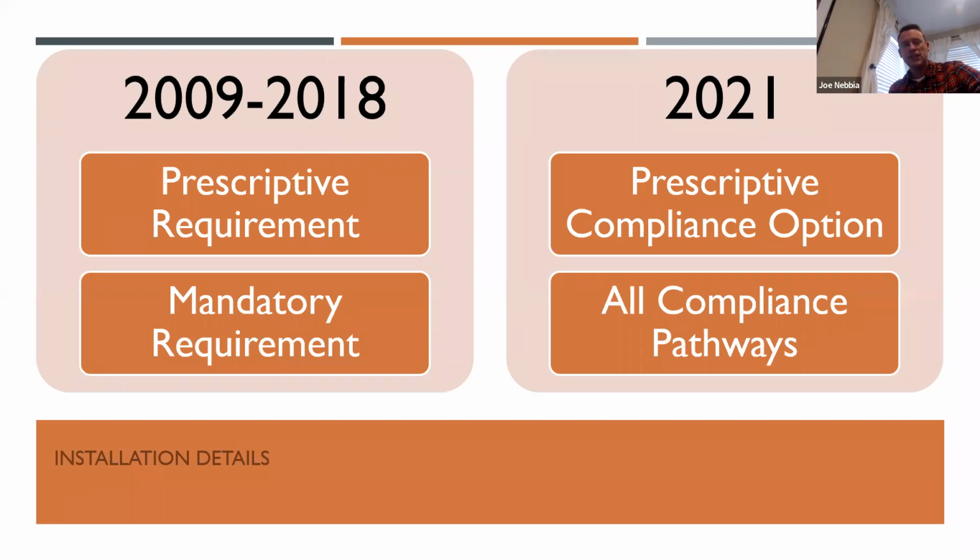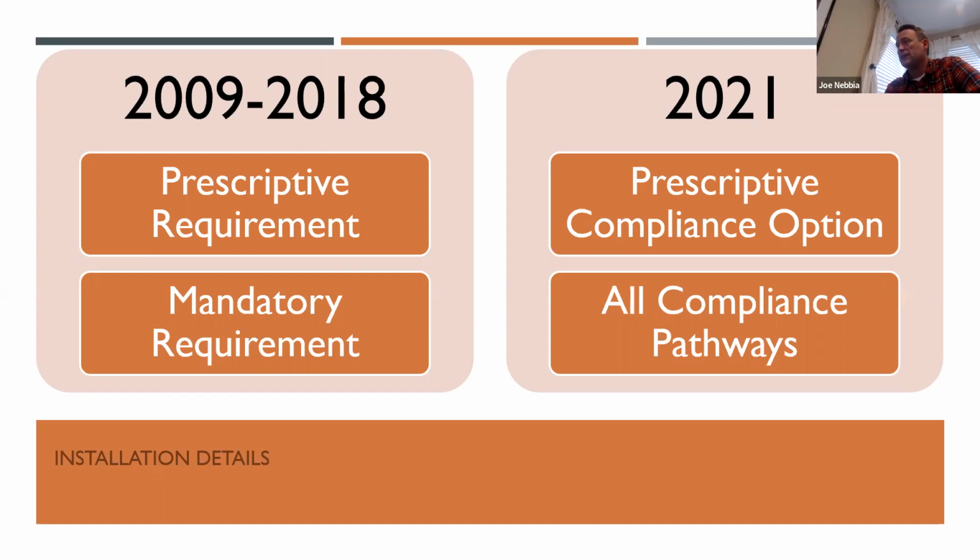So if something was prescriptive, that meant that this was how you install it unless you're doing one of the performance paths, and then you have some flexibility around whether or not you follow this guidance or not. If it's mandatory in 2009 to 2018, then that installation detail had to be done.